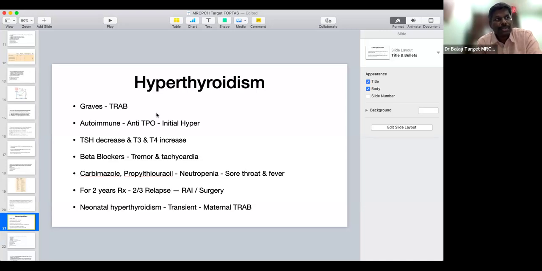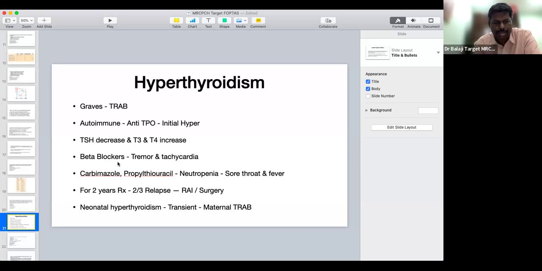In autoimmune thyroiditis, the anti-TPO antibody damages the thyroid, releases thyroid hormone, and causes some initial hyperthyroidism and then hypothyroidism. The standard picture is that TSH will be low and T3, T4 will be raised. The initial tachycardia and tremor are the most important side effects.